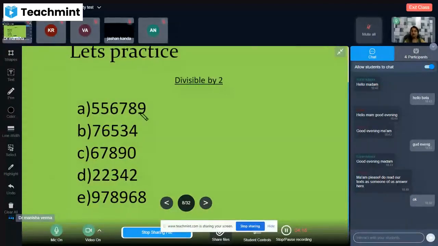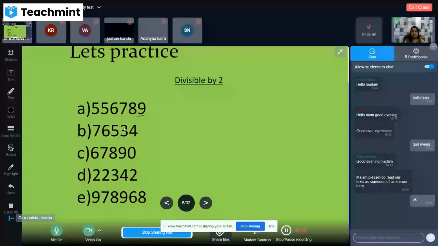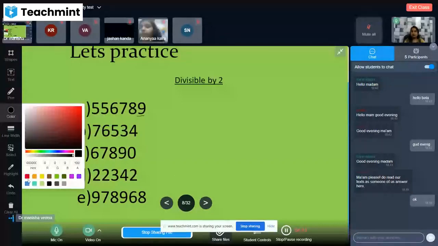See, this is a 6-digit number and I'll find out whether it is divisible by 2 or not. This is the units place. Now see, this is 9. Is it 0? No. Is it 2? No. Is it 4? No. Is it 6? No. Is it 8? No. That means this is not divisible by 2.